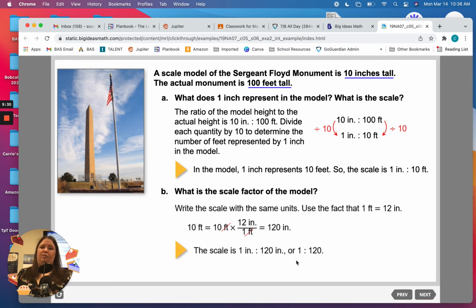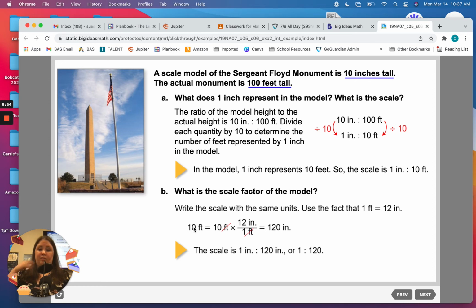So the new scale factor would be 1 inch to 120 inches. When it's the same measurement, you don't have to put the label inches. You can just write 1 to 120. All we did was change the scale right here to a scale factor, meaning we made it to where it had the exact same measurements.